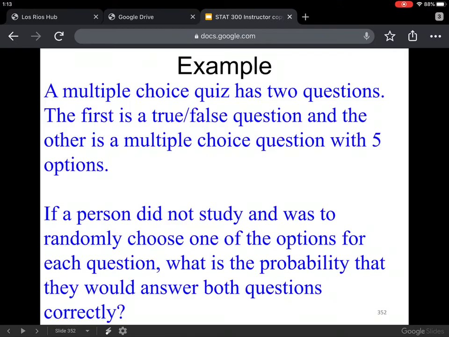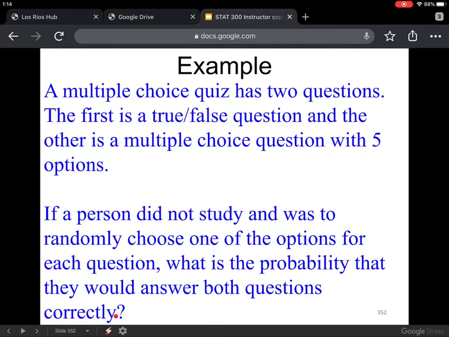So let's do a really quick example about how to use the AND. A multiple choice quiz has two questions. The first is a true-false question, and the other is a multiple choice question with 5 options. If a person did not study and was to randomly choose one of the options for each question, don't do that, please study, what is the probability that they would answer both questions correctly?